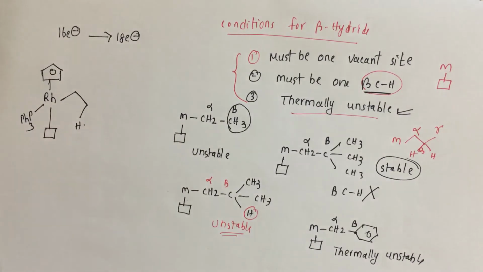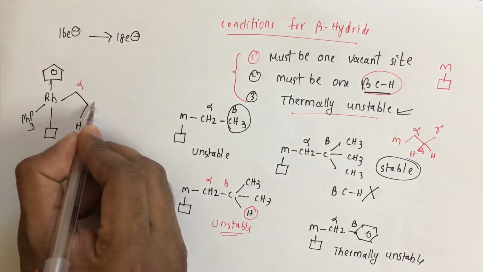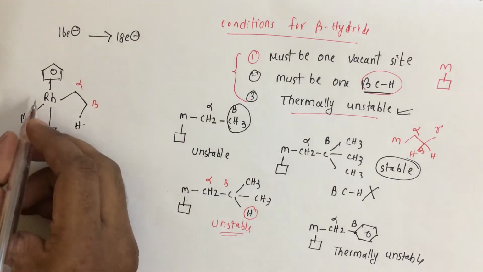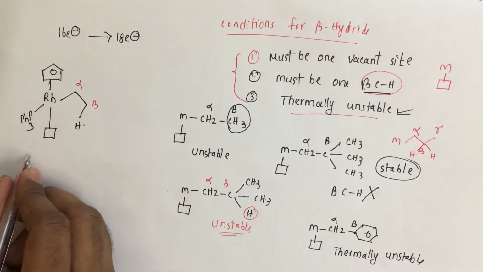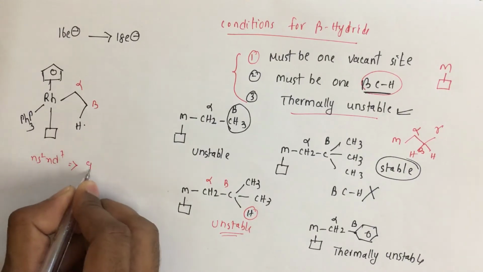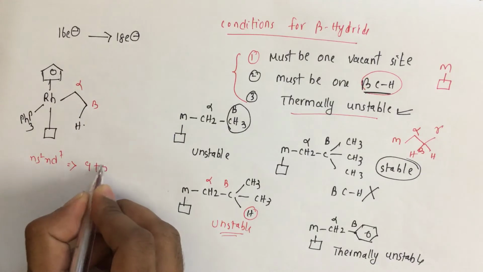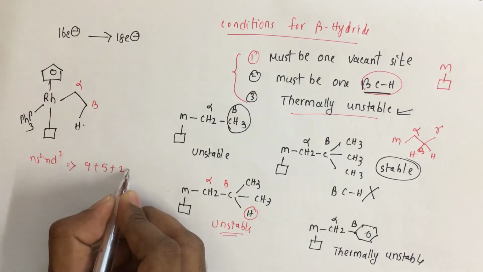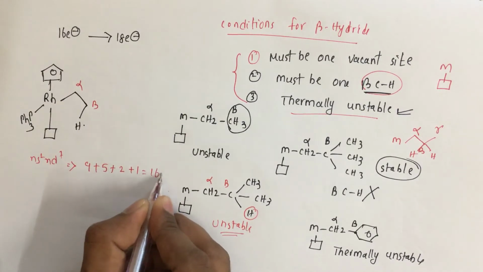The hydrogen, this is alpha and this is beta, so just count it. Rhodium means ns2 nd7, that means 9 electrons, plus this would be 5, plus this would be 2, plus 1, so total 16 electrons.